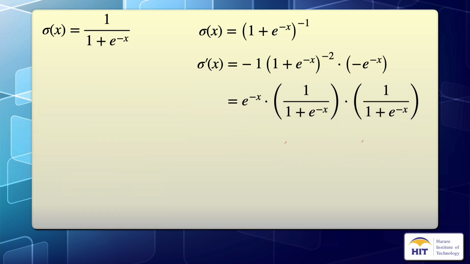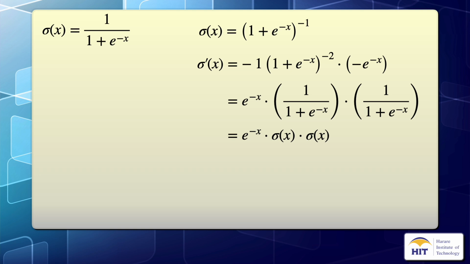But looking at this part, 1 divided by 1 plus e^(-x), if we look at our definition of the sigmoid function, that is just sigma(x). So these two parts are sigma(x), and our expression becomes e^(-x) multiplied by sigma(x) multiplied by sigma(x).